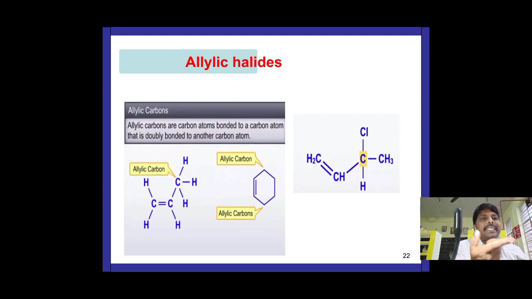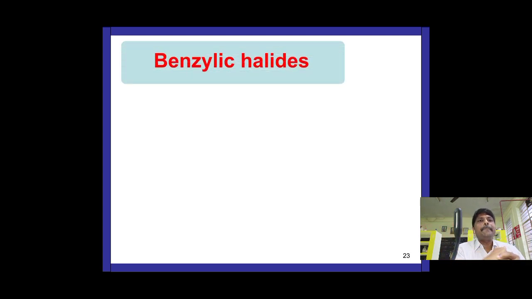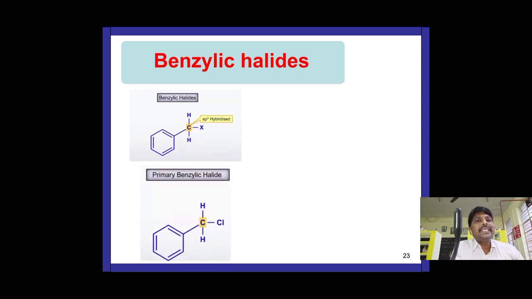Because this carbon is attached to C, that is attached to another C with a double bond. So it is about allylic. Next is benzylic halides. Like allylic, here also that C is attached to the benzene ring. Children, just understand carefully.